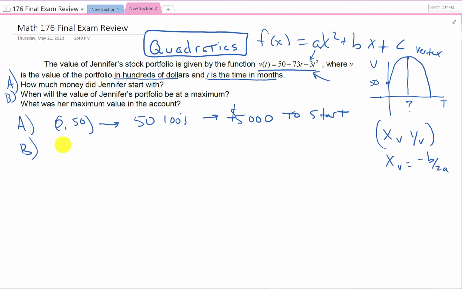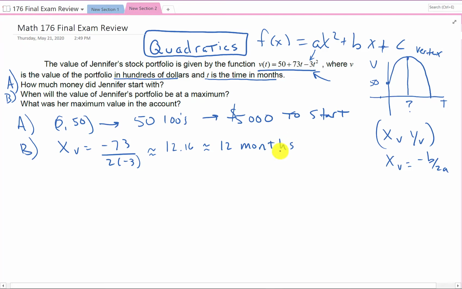So in this case, that'll be the negative of b. My b number is 73, divided by 2 times -3. Now, when we run that in the calculator, it's about 12.16, I think. And let's just call it 12 months.